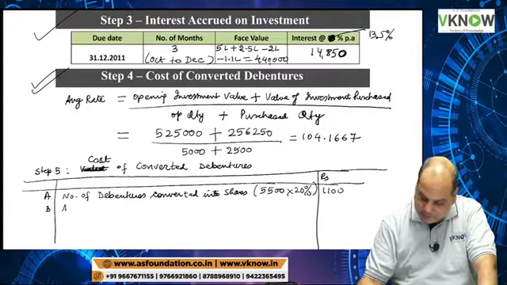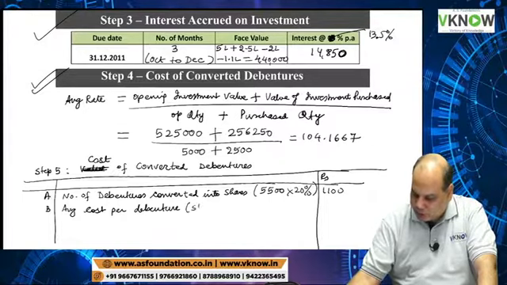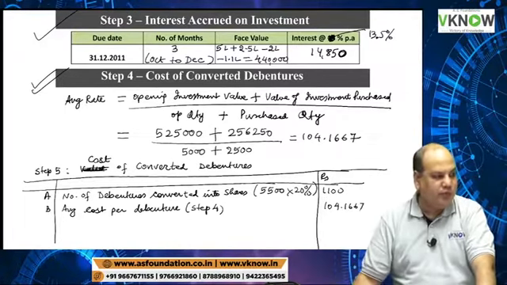Point B, average cost per debenture. Average cost per debenture in bracket from step 4, 104.1667.